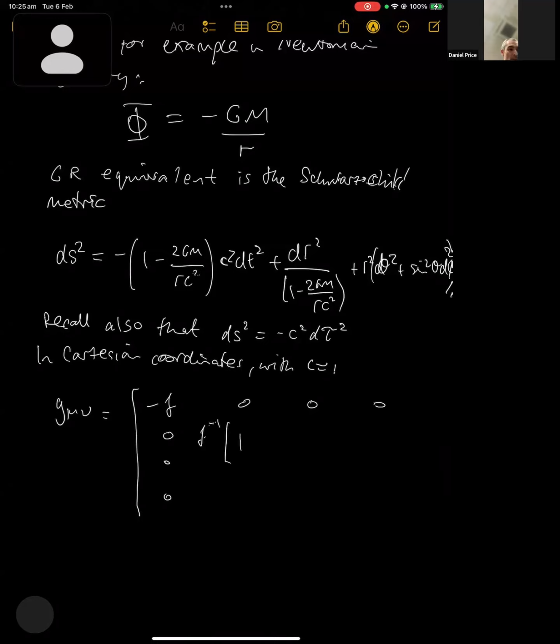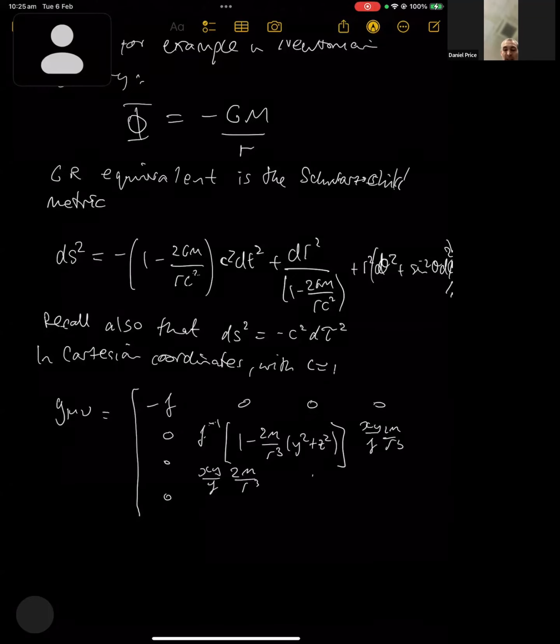So this is like a 1 minus 2M over r cubed, y squared plus z squared. And the other terms are similar. So for example, you do get some little terms here, like an xy over f 2M over r cubed. And the same thing here, like an xy over f 2M over r cubed. And so on. So this sort of continues, but you get an x squared plus z squared here.